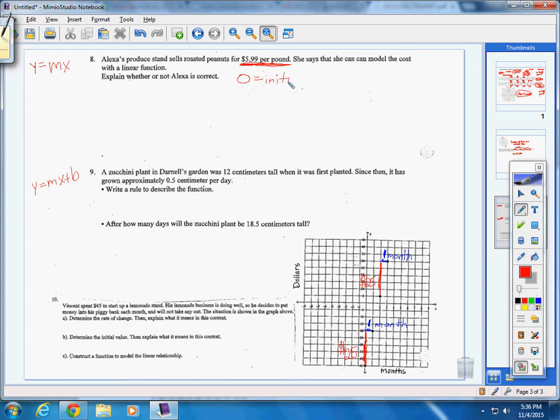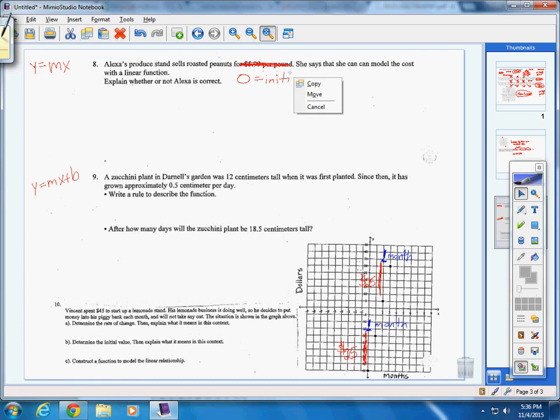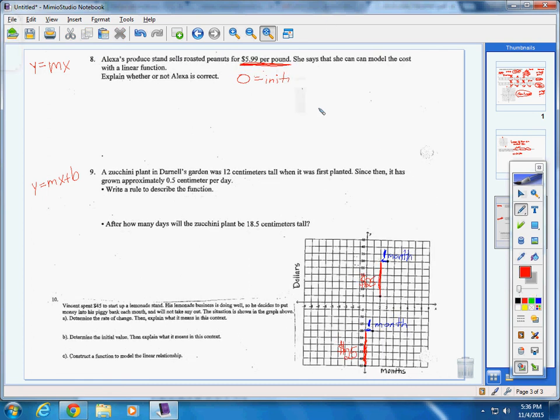Now, if you decide to actually buy some peanuts and you buy a pound, then it's going to be $5.99 per pound. So your rate, or your rate of change, ROC, will be $5.99 per pound, right?